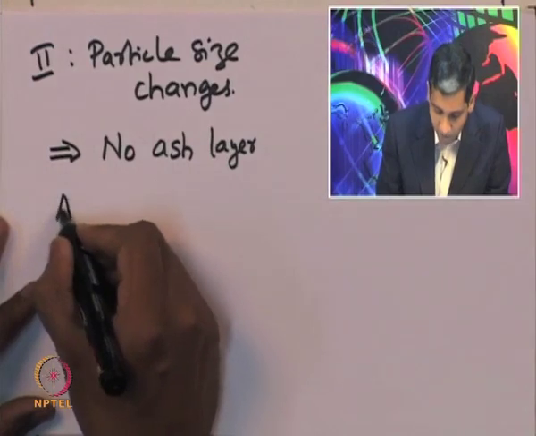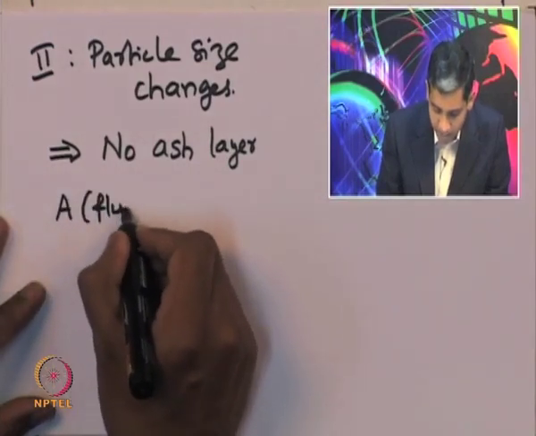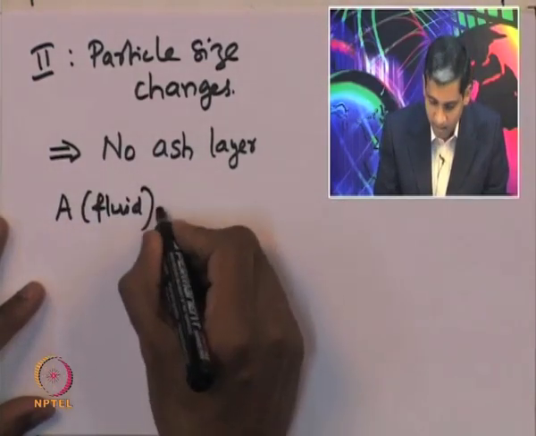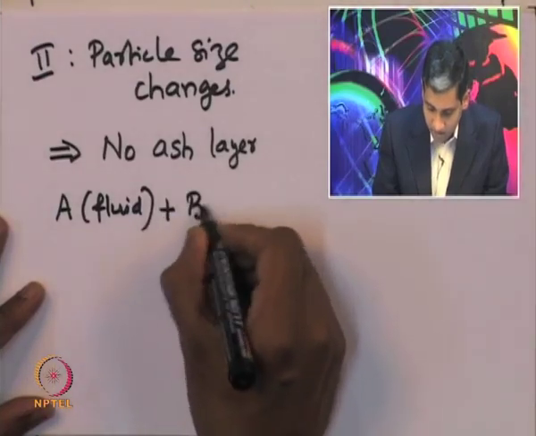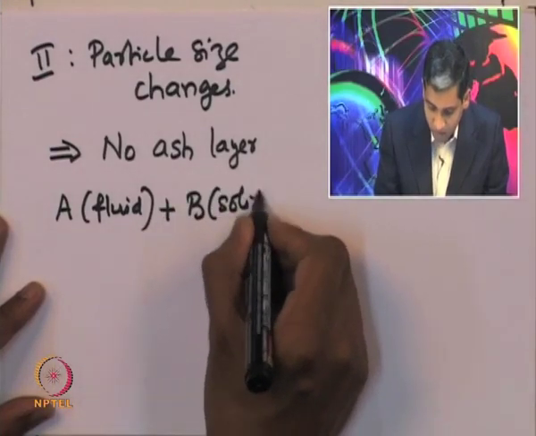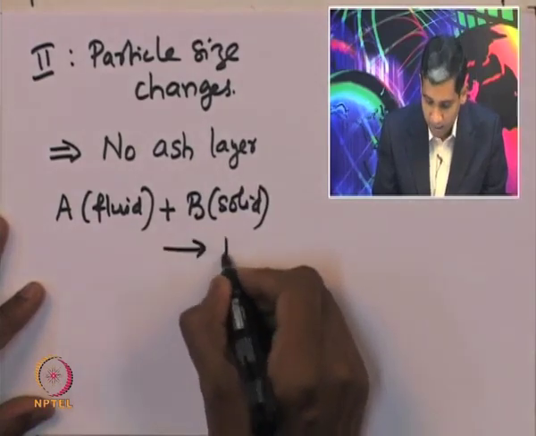So, suppose as before we assume that species A, which is in the fluid phase stream, reacts with species B, which is in the solid phase, to form certain products.